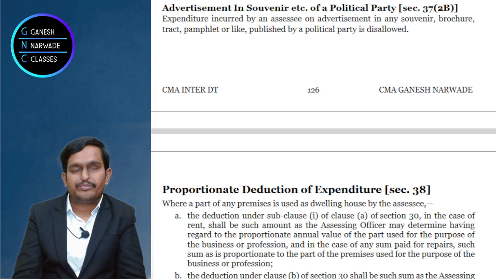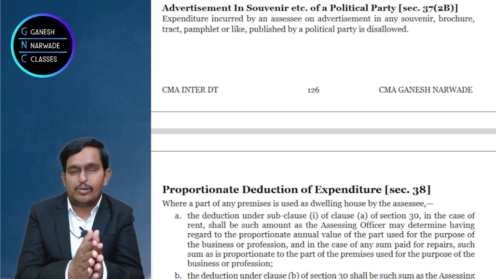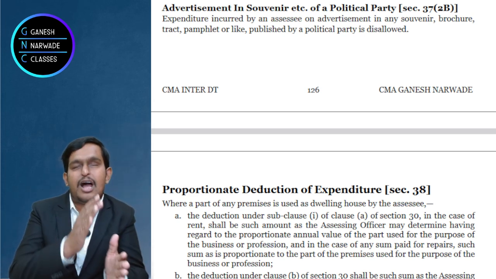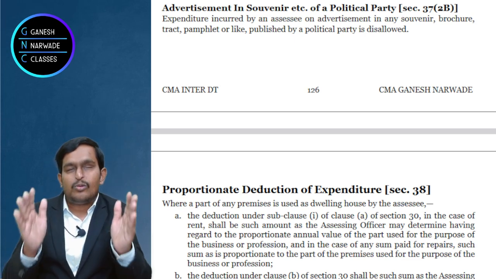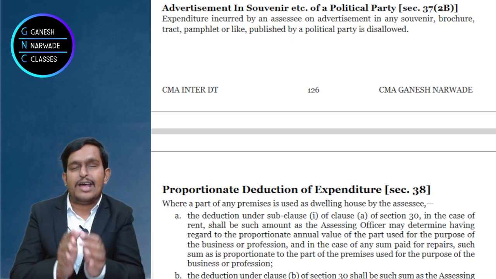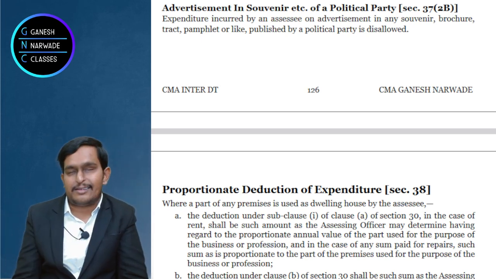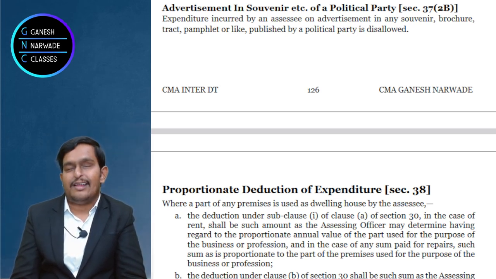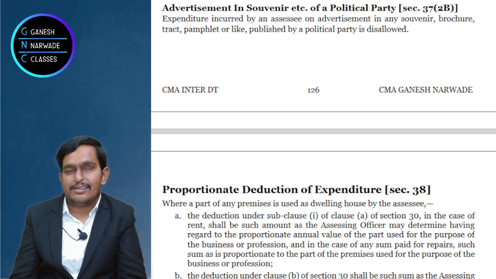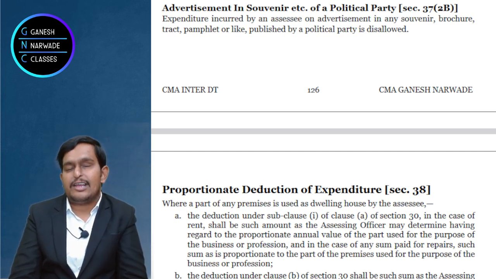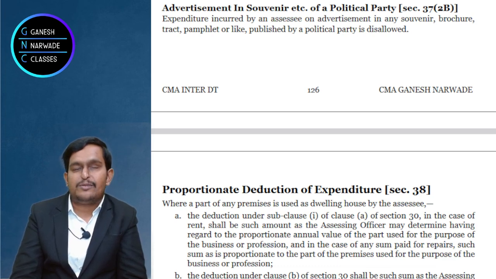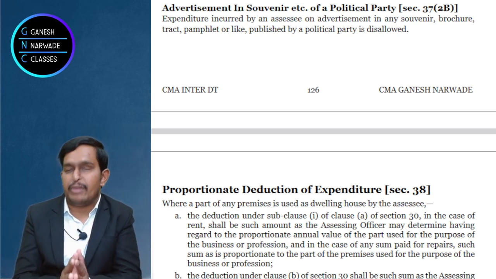The answer is no. You have to create a ratio of how much you are using for personal and how much for business. Only the business portion will be allowed as deduction. The personal portion is not allowed as deduction. Who says? Section 38 says this. Only expenditure pertaining to business will be allowed and that which pertains to personal is not allowed. This is what you should remember.